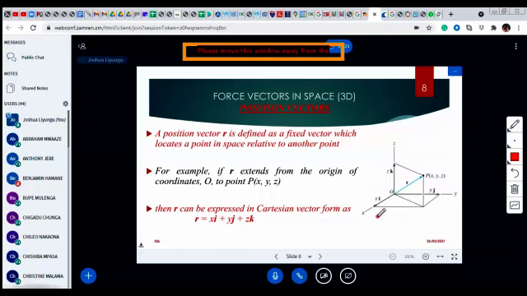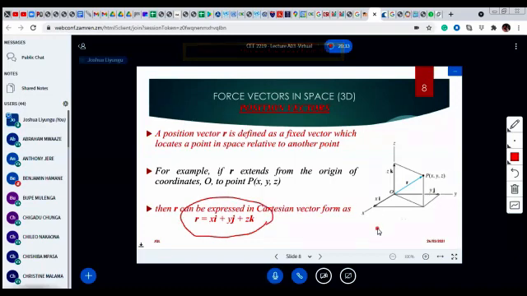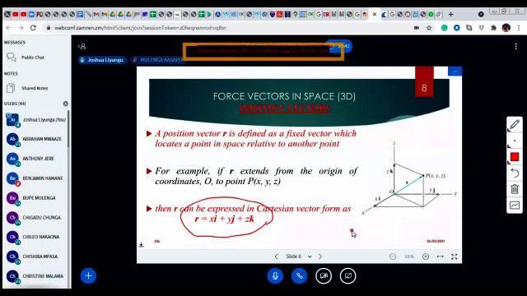I was just trying to demonstrate how you can represent the position vector R in Cartesian notation. R is equal to xi plus yj plus zk. This is what I was trying to show.